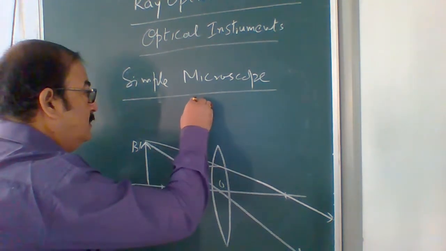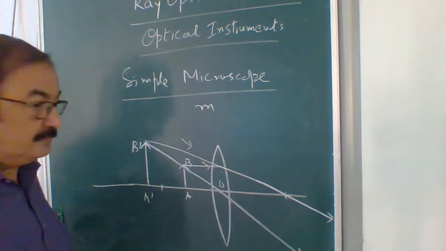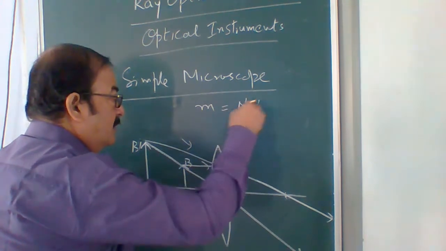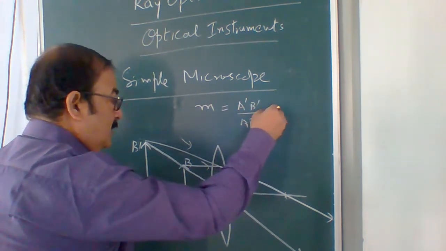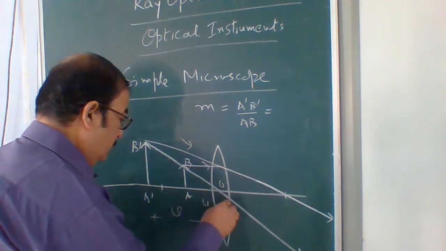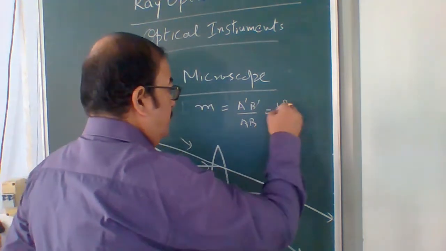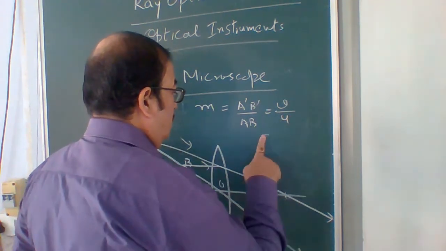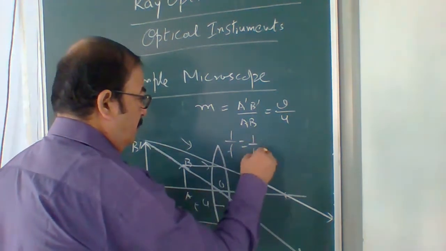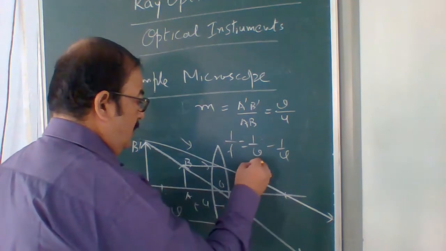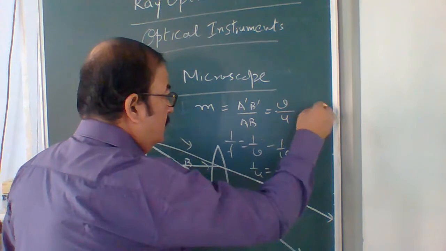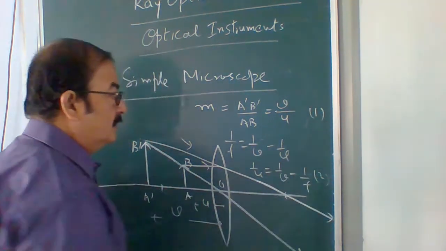Magnifying power is M, or magnification is M. M equal to A'B' upon AB, and that is equal to B upon U, where this distance is B and this distance is U. You know it well that 1 upon F is equal to 1 upon V minus 1 upon U, and then 1 upon U is equal to 1 upon V minus 1 upon F. We have two formulas.